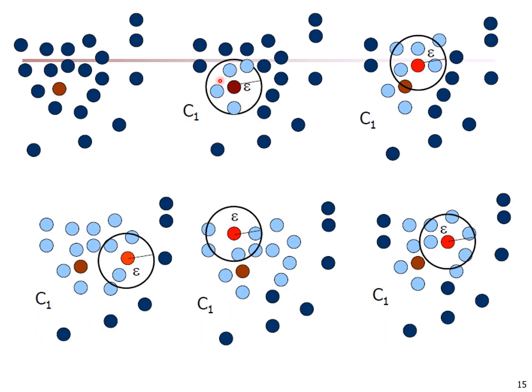We continue doing that, scanning, identifying the neighborhood, identifying points, and deciding whether the point is a core point or a border point. If it's a core point, we add it to the cluster. We identify it as a cluster.